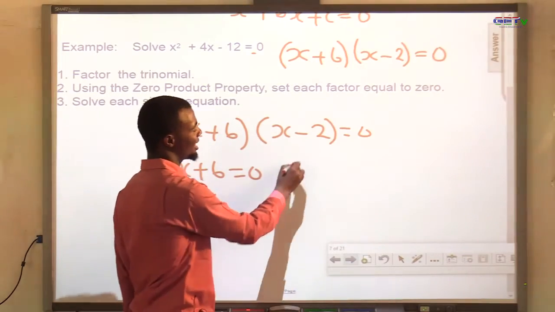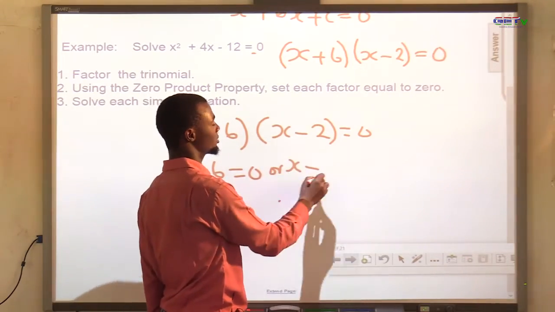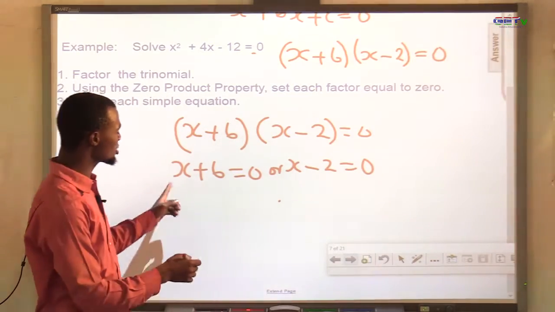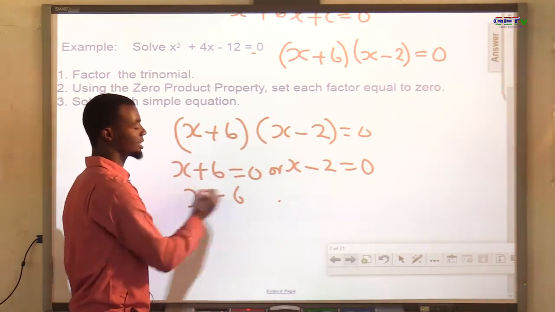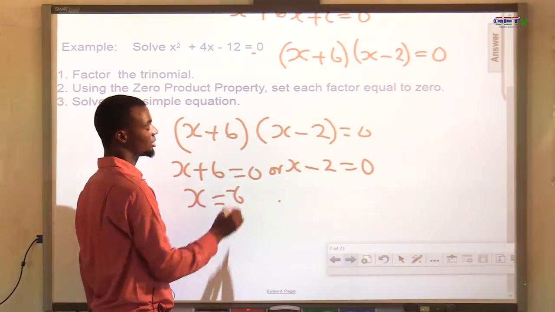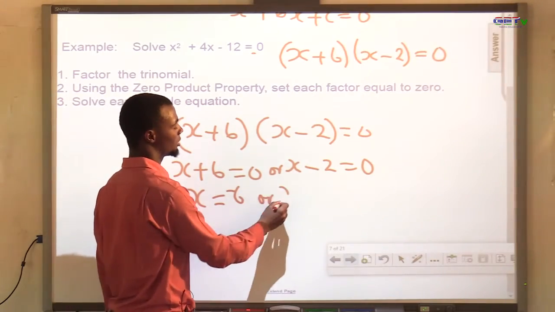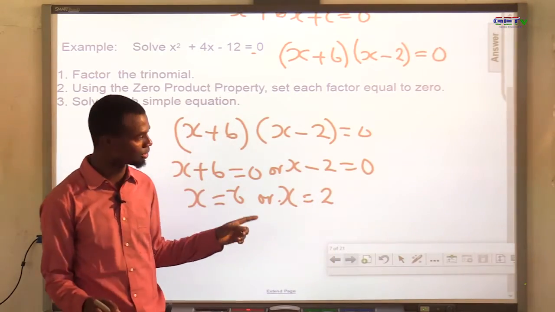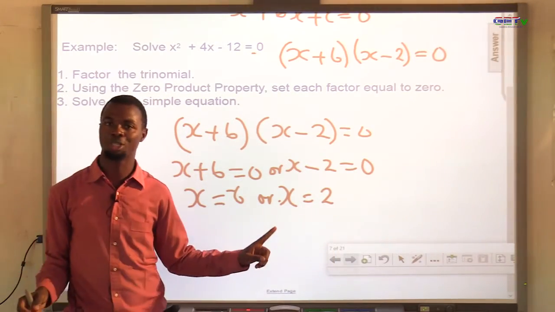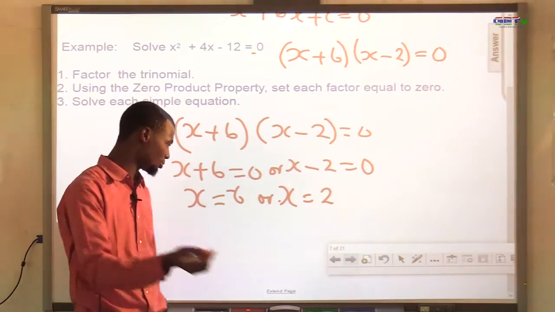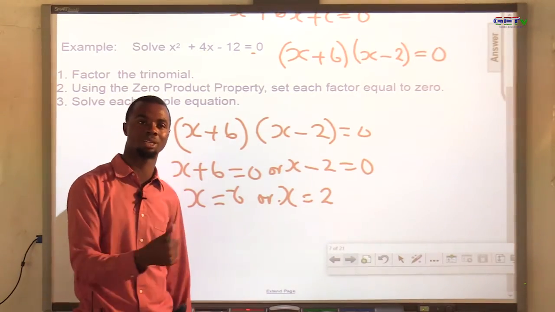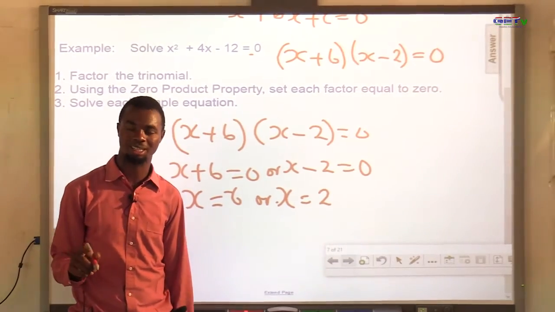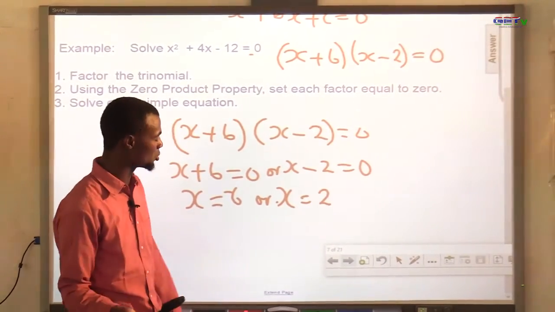Then x minus 2 is equal to 0 is another simple equation. If you solve this, x will be negative 6, or x is 2. So these are the two values for the equation. When it is a quadratic equation, you'll have two values of x, either negative 6 or 2, because its highest degree is 2.